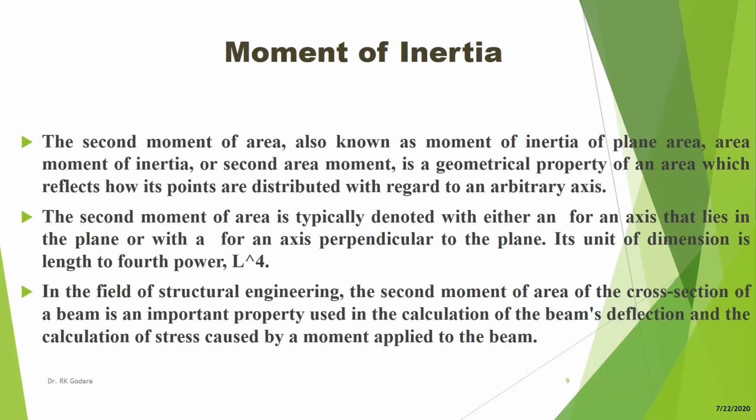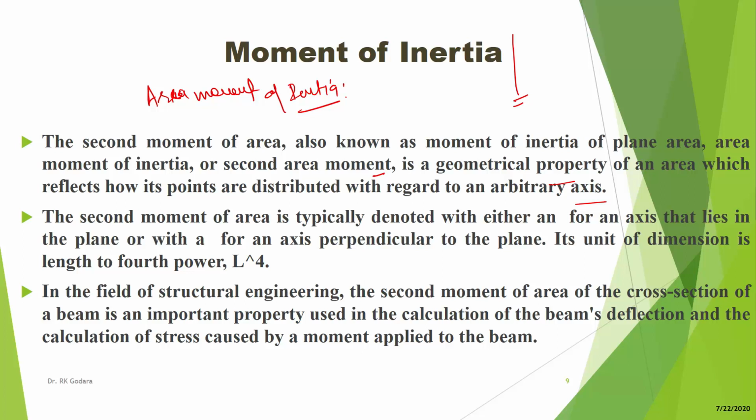And now we'll talk about the area moment of inertia. The second moment of area, also known as the moment of inertia of plane area, area moment of inertia, or second area moment, is a geometrical property of an area which reflects how its points are distributed with regard to an arbitrary axis. In the mass moment of inertia, we discussed that it depends on how the mass is distributed about the axis of rotation.